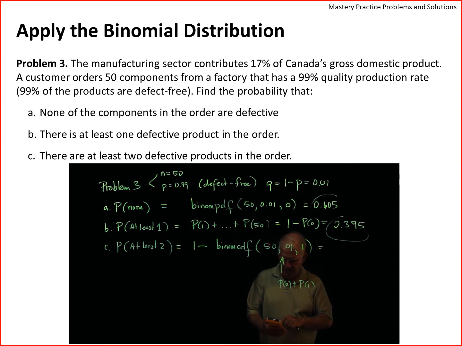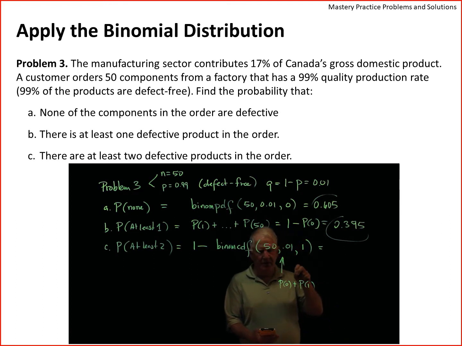So off we go to distribution, go find binomial CDF. I've got 50 trials, I've got 0.01, I've got an x value of 1. Okay, and I'm pasting all of that in. I get the answer 0.91.